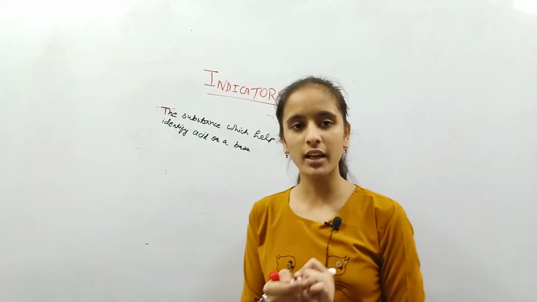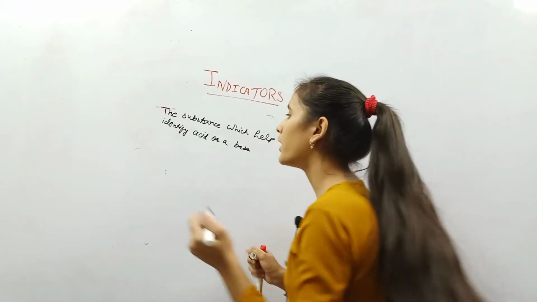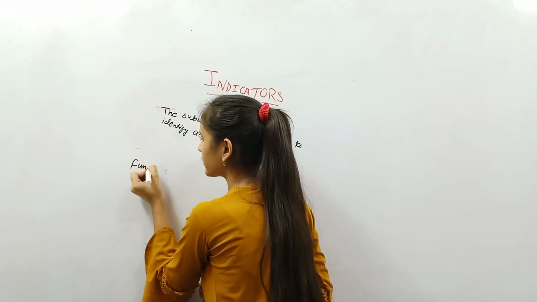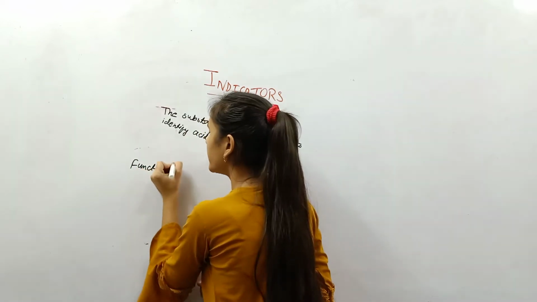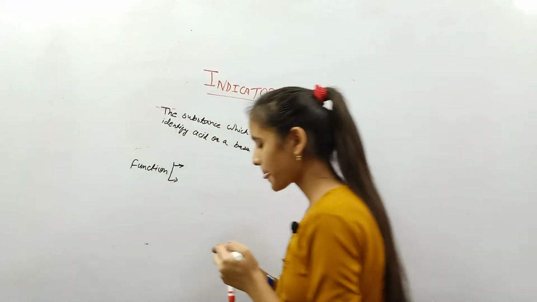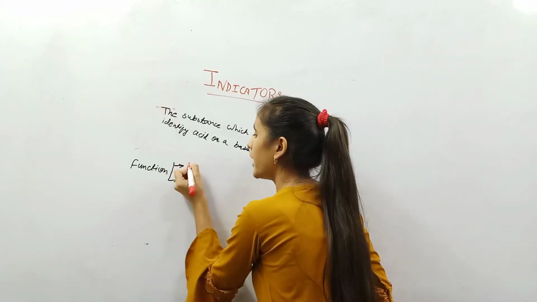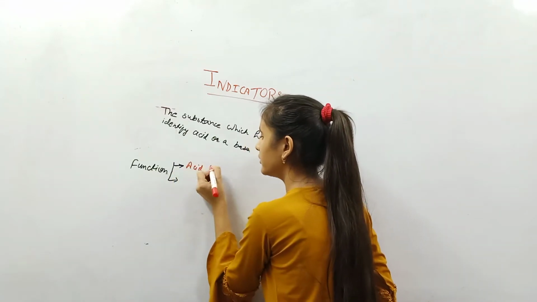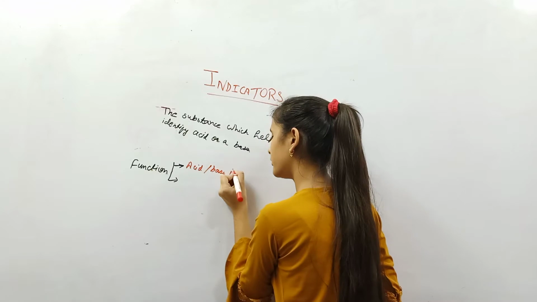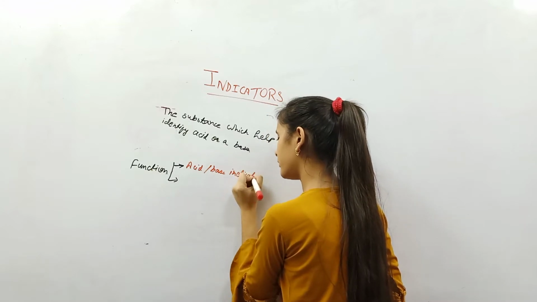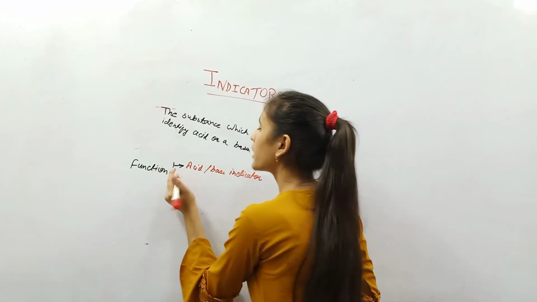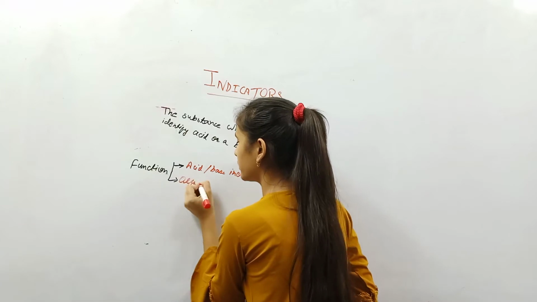Indicators are of two types on the basis of function: acid base indicators and olfactory indicators.